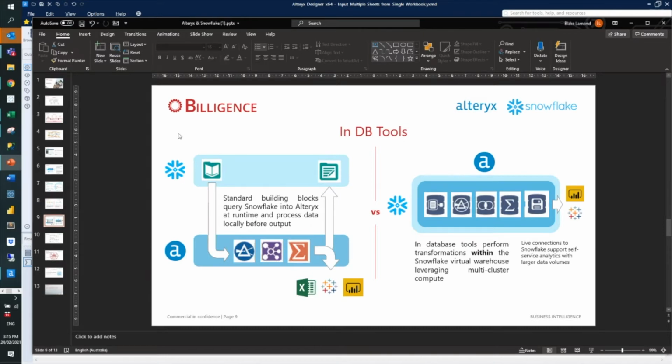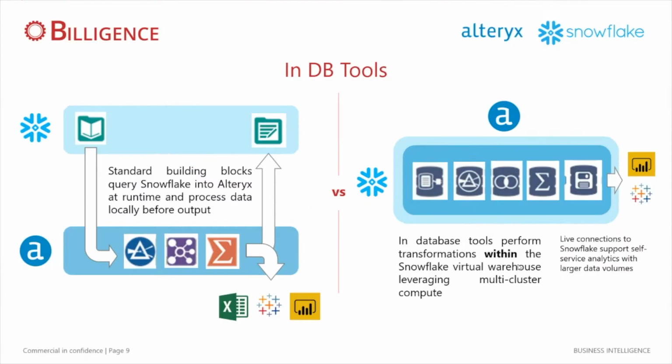Actually, sorry, in here, this would be a typical example where I have my data sources within Snowflake, and I extract them locally into Alteryx and start to perform my transformations, whether it's filtering, joining and enriching with other data sources, aggregation, and then write this back to Snowflake, or output this to my reporting platform, my consumption layer as well.